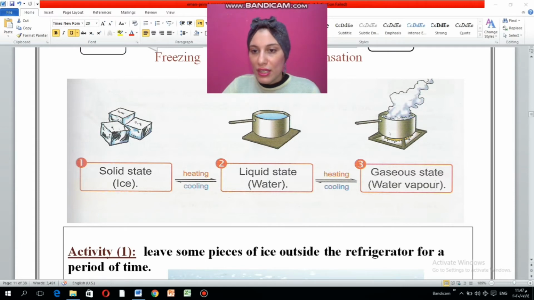And what is it if I heat the cooking pan on the oven? What happens? Water vapor. What is it called? Water vapor. And water vapor is which state? A gas state. So we have all states in front of us here: solid state, liquid state, gas state, ice, water, water vapor.